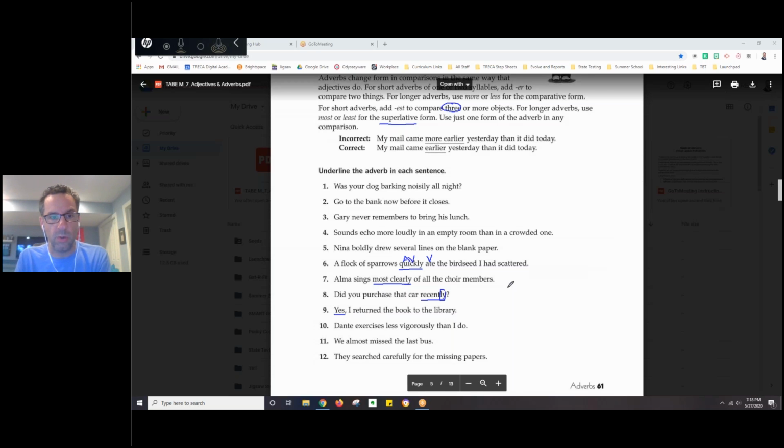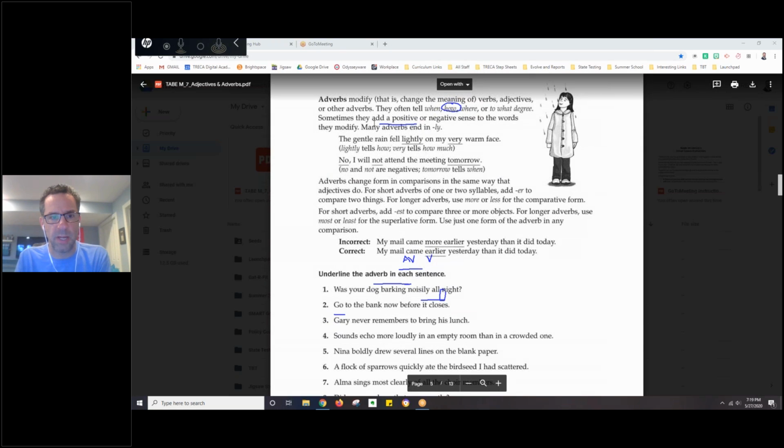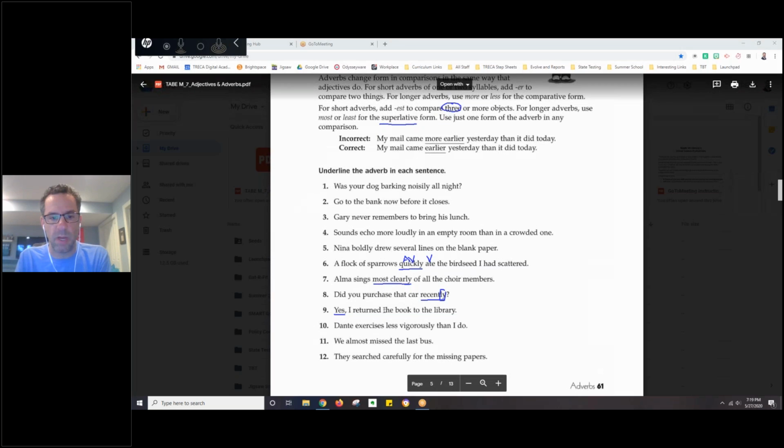If you look up here, it says sometimes they add a positive or negative sense to the words they modify. I don't see another adverb in here. You returned it, it's a verb. A book is a noun. Library is a noun, so it must be yes.